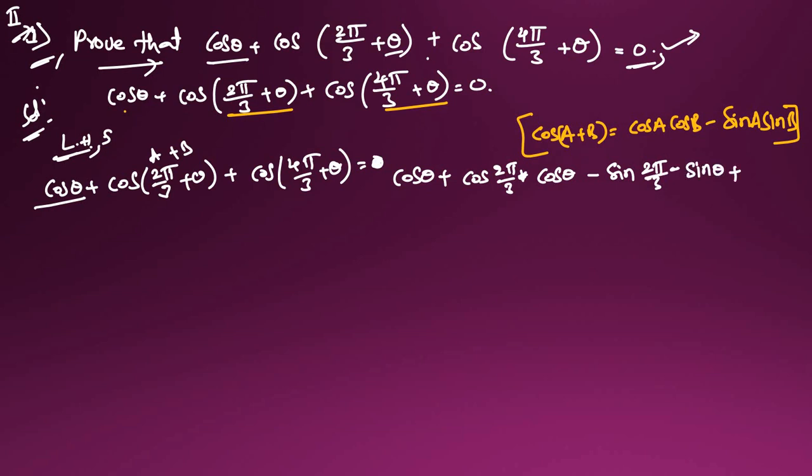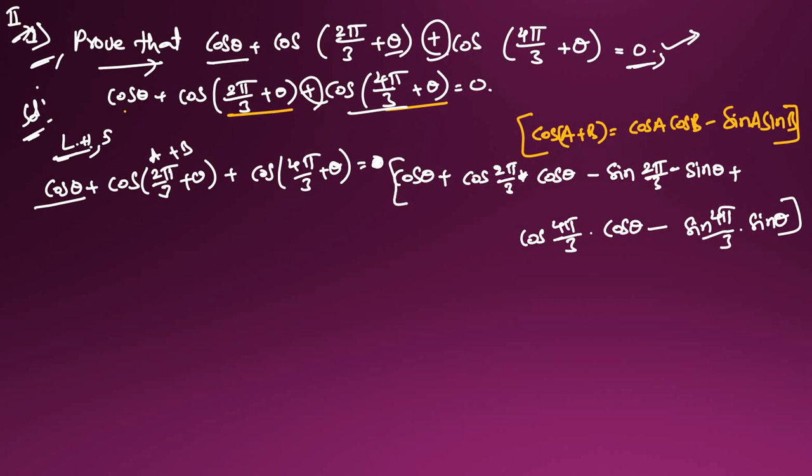Plus this one, again cos of A plus B is cos A cos B minus sin A sin B. So cos of 4 pi by 3 into cos theta, minus sin of 4 pi by 3 into sin theta. This total equation will come here.